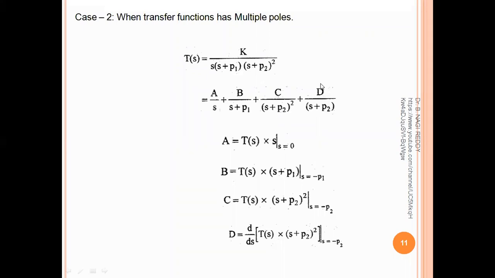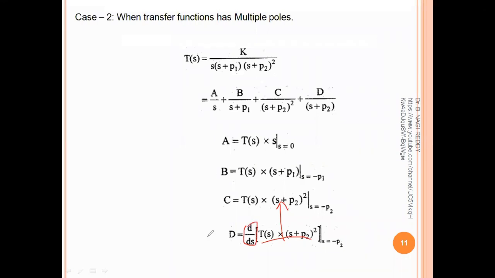That's why, in order to calculate D, we must differentiate C. This entire term, T of s into s plus p2 whole square, is the equation we used to calculate C. So we differentiate it to get the D value.